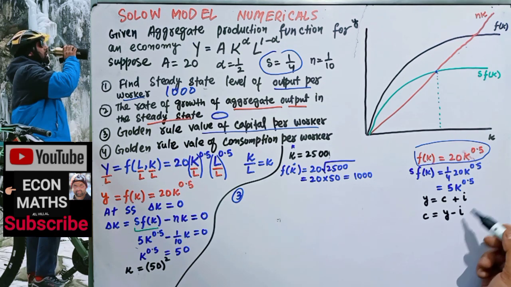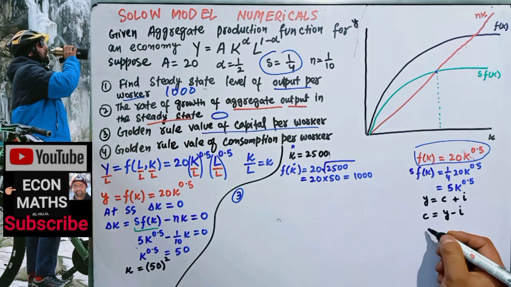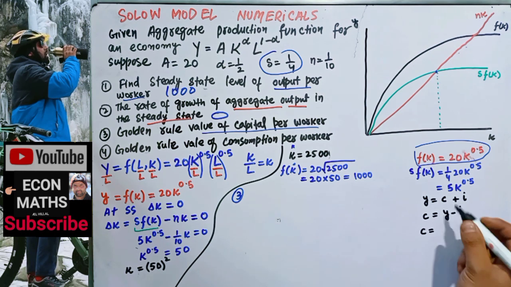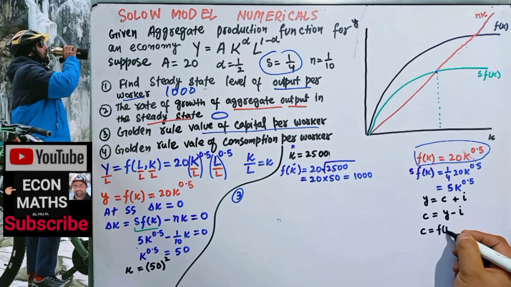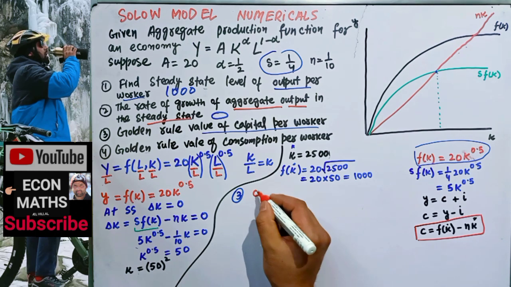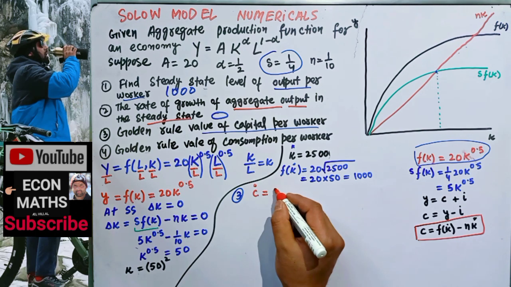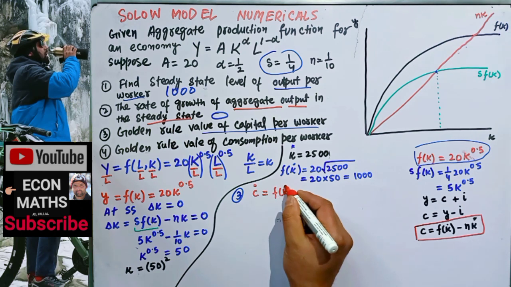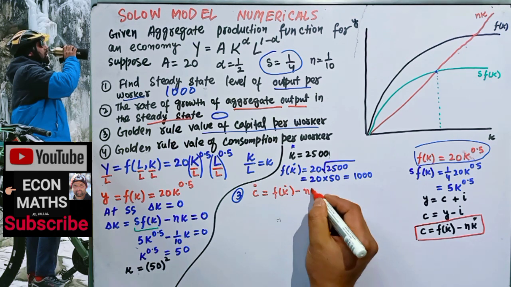Here, since we don't have differentiation, we can write it this way: c will be equal to y, which is f(k) steady state capital per worker, and in place of investment we have nk, since investment equals the population growth rate times capital per worker. So our steady state consumption per worker will be equal to f(k*) minus nk*.